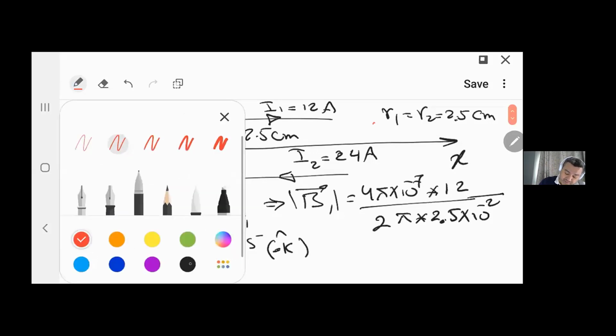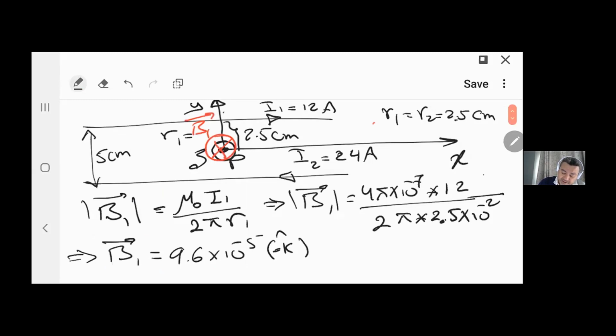What about the second magnetic field? The second magnetic field is going also, the thumb defines the direction of the current going from the right to the left, right?